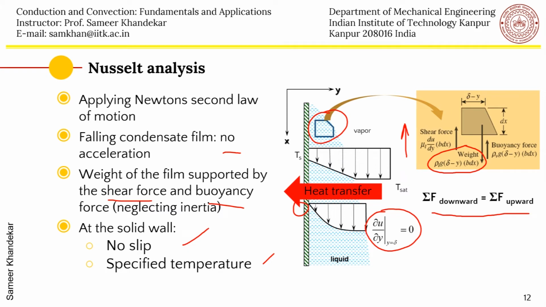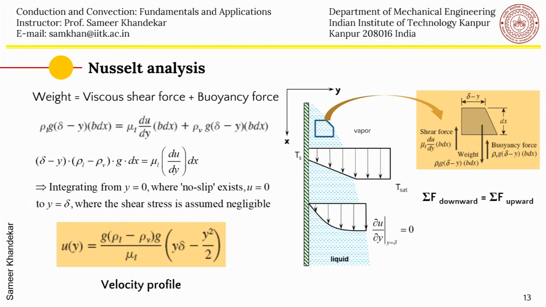If you substitute the weight, the shear force and the buoyancy force, and then integrate from y equal to 0, where there is no slip, that is what we have just said here, and at y equal to delta, where the interfacial shear stress at the interface is assumed to be negligible, and apply Newton's second law, you get the velocity profile.